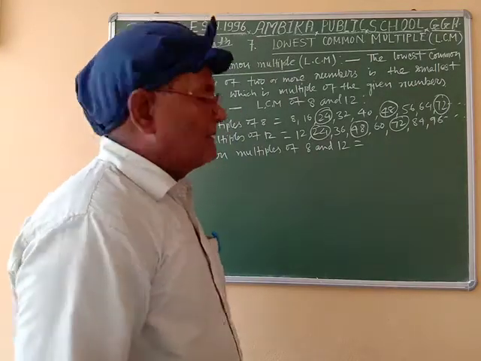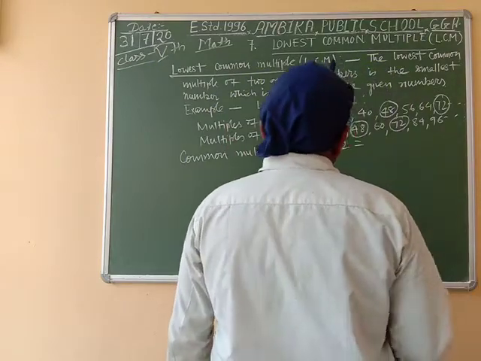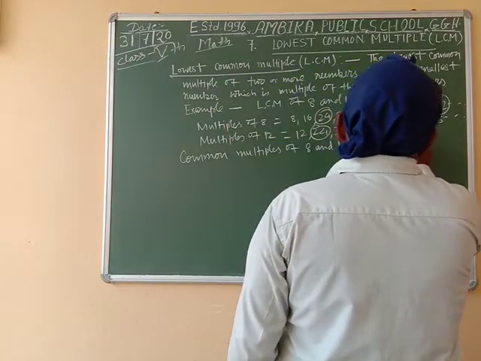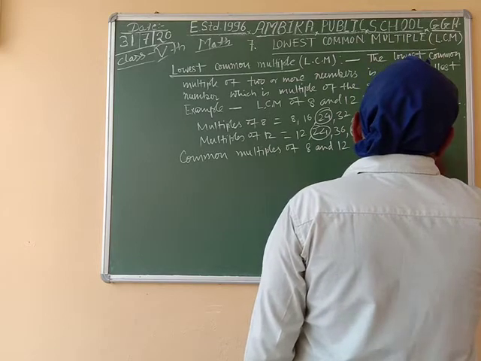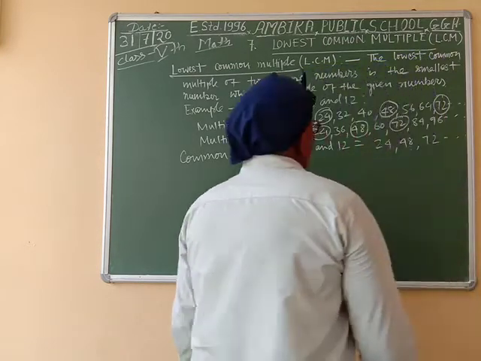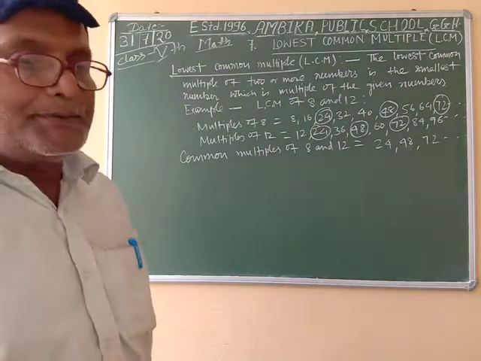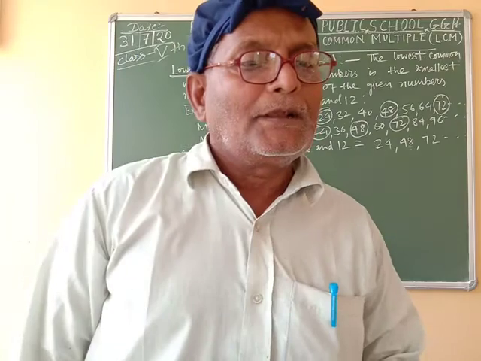Other multiples may be possible. Common multiples of 8 and 12 are 24, 48, 72 and so on. Now we find the smallest multiple of the given numbers.